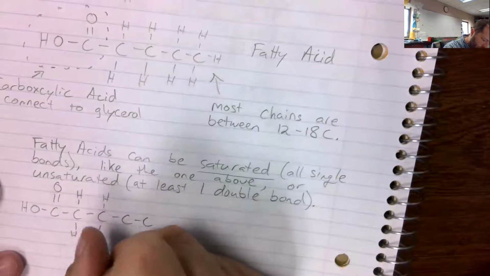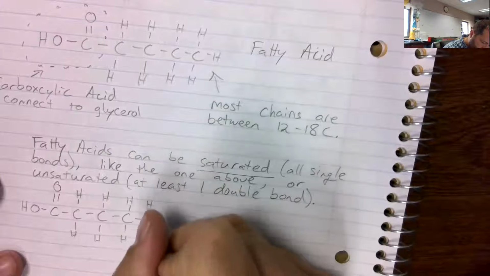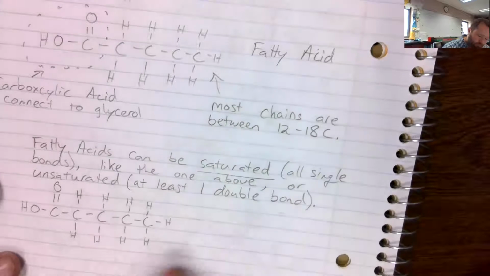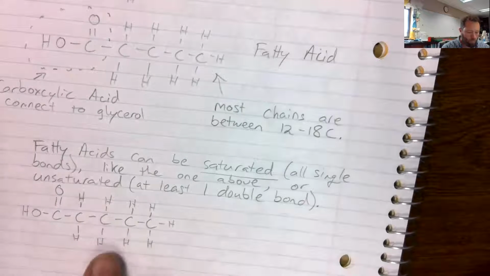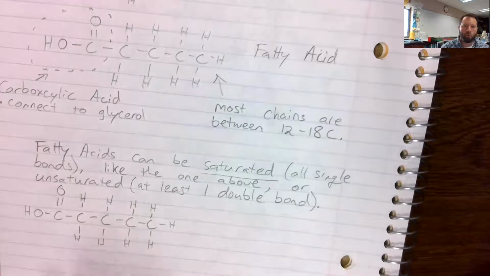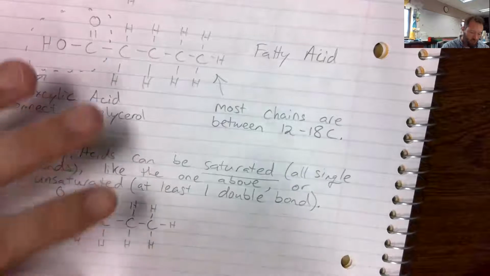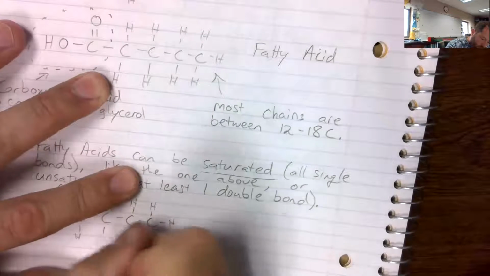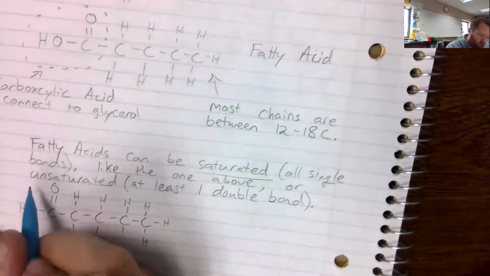I'm going to do a little bit of erasing. All right, so we have a fatty acid. In order to make 2 of these carbons double bond, what we're going to need to do is take away 2 of the hydrogens. And that's why it's called unsaturated.